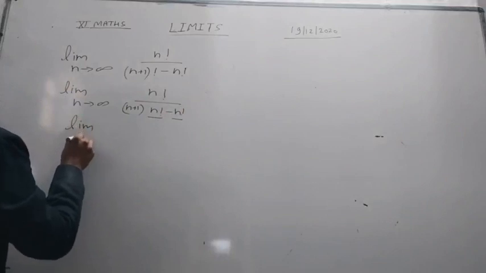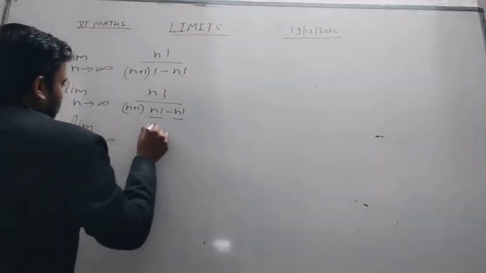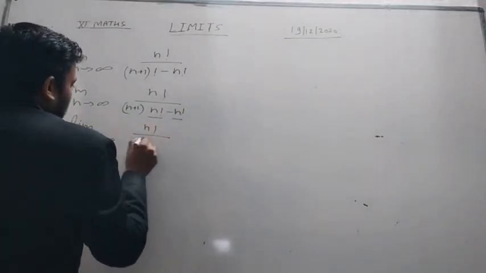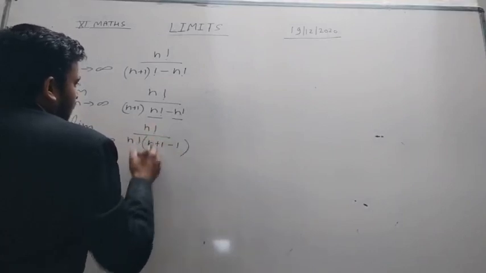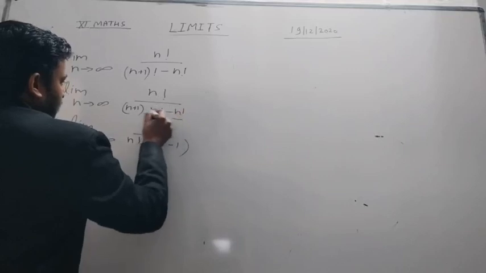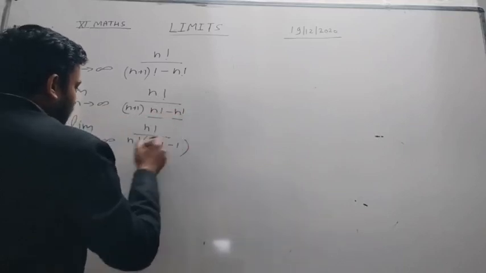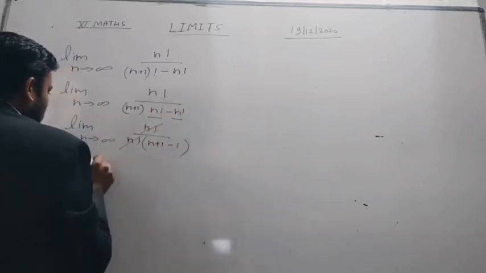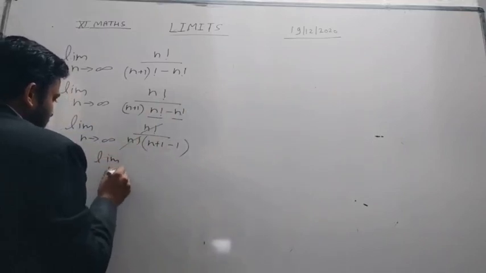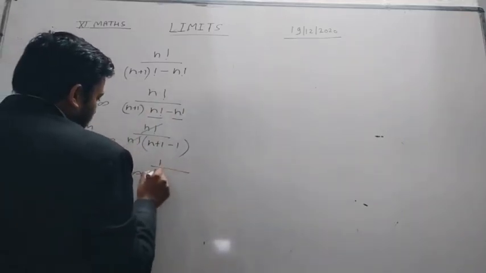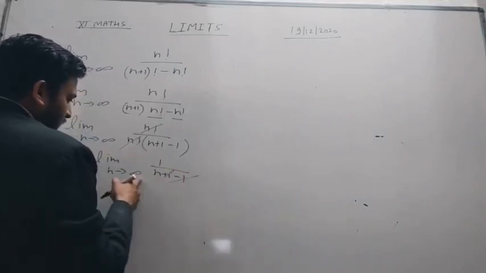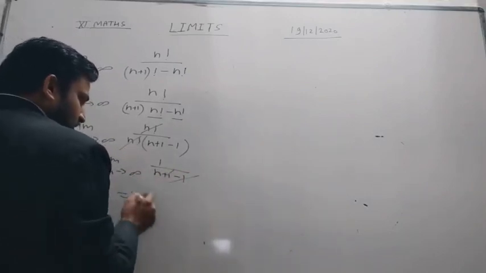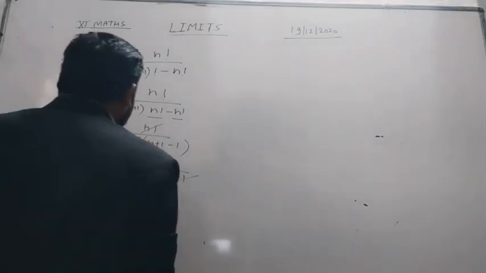So we get the limit as n tends to infinity of factorial n upon factorial n times n plus 1 minus 1, because factorial n is outside and the remaining term is n plus 1 minus 1, so it will be reduced. Now the limit as n tends to infinity of 1 by n plus 1 minus 1, this term will reduce. When we put the value of the limit as n tends to infinity, we get the result 0.